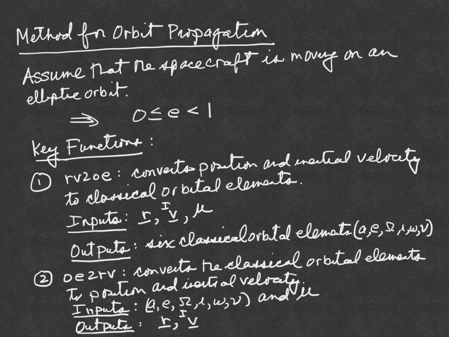So the inverse outputs, right? The RV to OE goes from position and velocity to orbital elements. OE to RV goes the other way. So the way we're going to denote this, just to make things a little simpler, is we're going to use the following notation for these two functions.